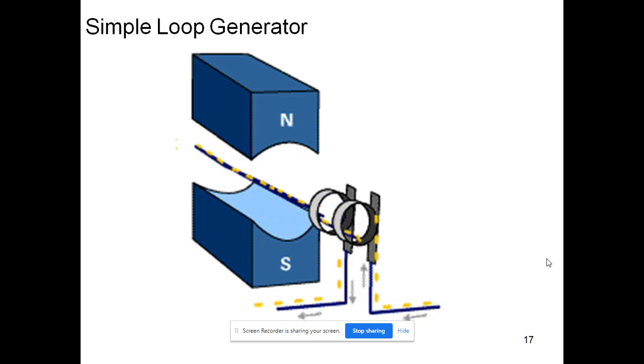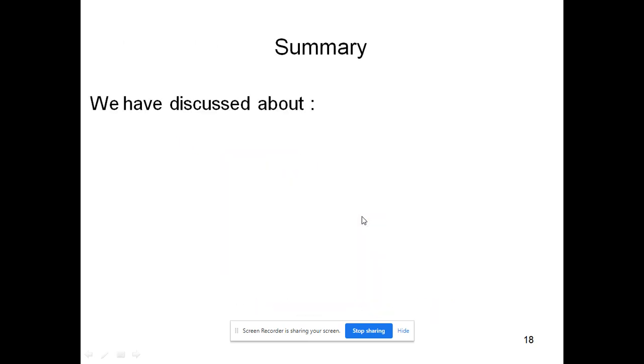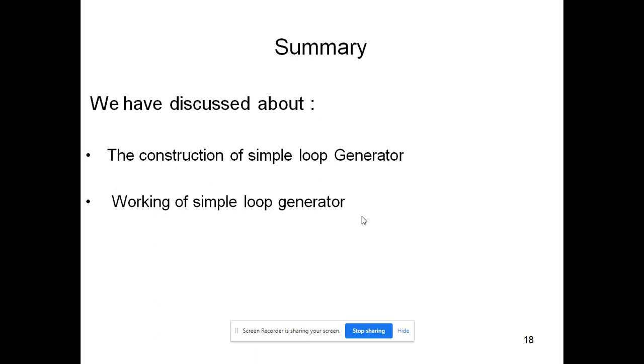This alternating current will be converted to direct current at the place of commutators. Okay, summary. In this, we have discussed the construction of the simple loop generator and the working principle of the simple loop generator.